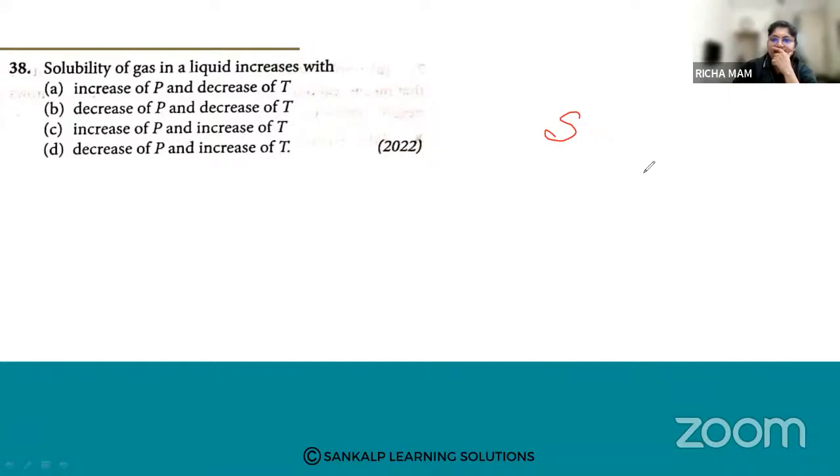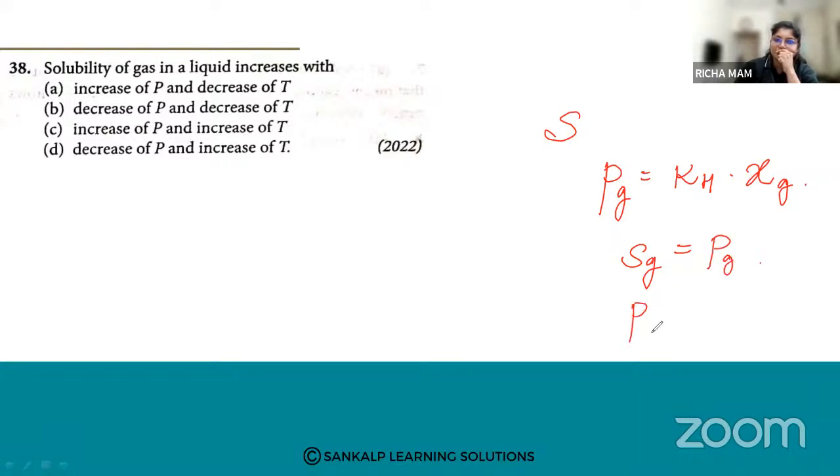The partial pressure of the gas is equal to the Henry's constant times the mole fraction of the gas. So solubility of a gas is directly proportional to the partial pressure, and inversely proportional to your Henry's constant.